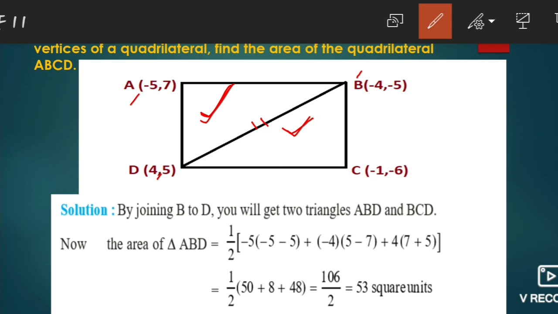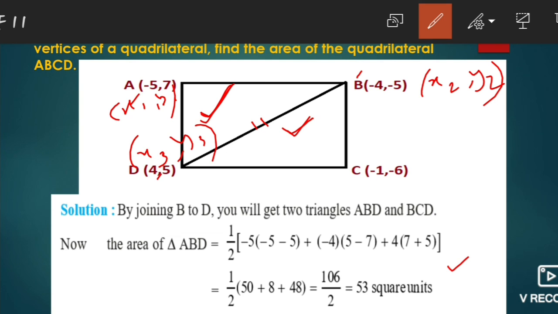By using the formula of area of triangle, you can find the area of triangle ABD. Consider this one as x1 y1, this one as x2 y2, this one as x3 y3. Then put the values in the formula and you will get the area of ABD as 53 square unit.